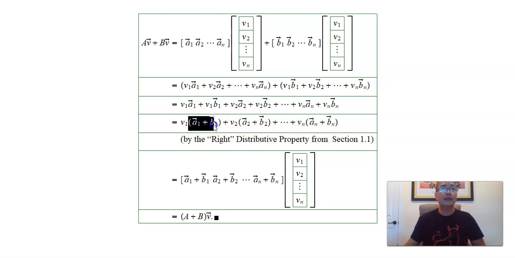Where now that single vector, after you add those two together, is in the first column. This single vector, after you add them together, is in the second column, and so on. And the coefficients are here in a column matrix. So we have V1, V2 to Vn. Who is this? That's what we just said is the matrix A plus B. A plus B getting multiplied to the matrix. And that is your additivity property.